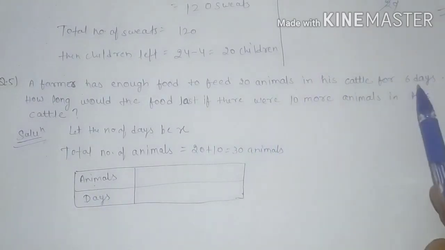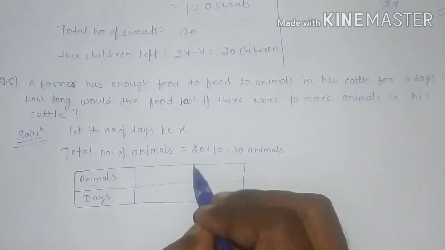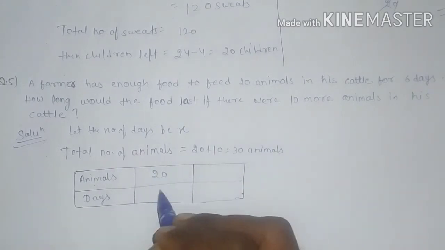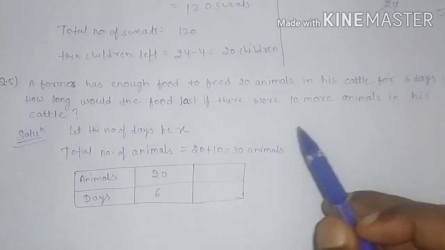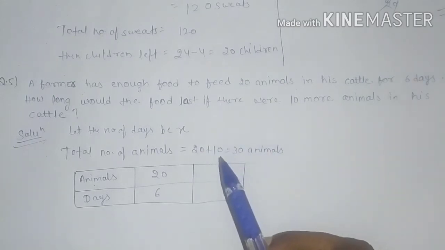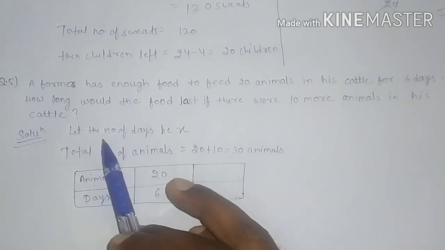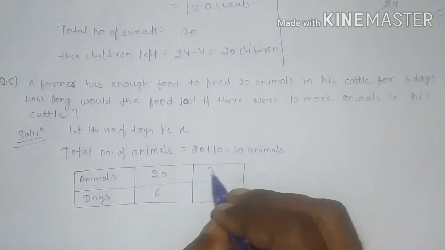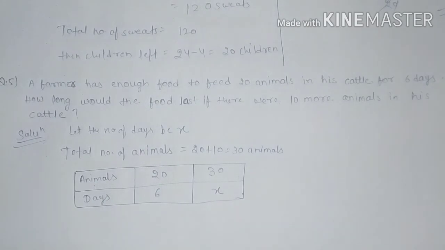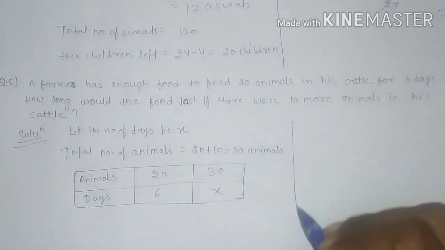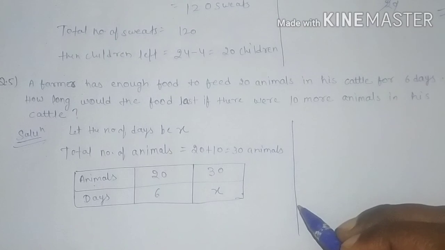Then how many days? 6 days. So just write here, this is 20 and days are 6, given. Now if the total number of animals is 30, then how many days? x days. So this is 30 and x. Simply these are the table and just apply the formula of inverse relationship.